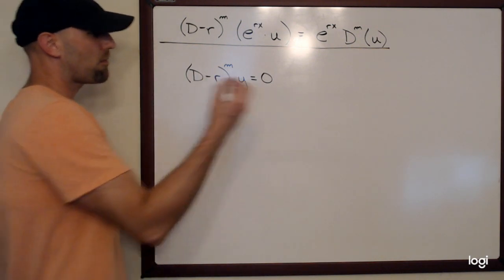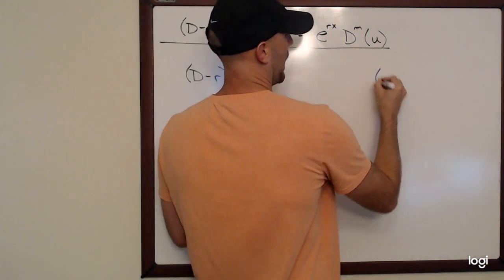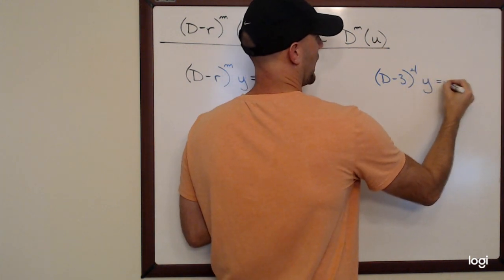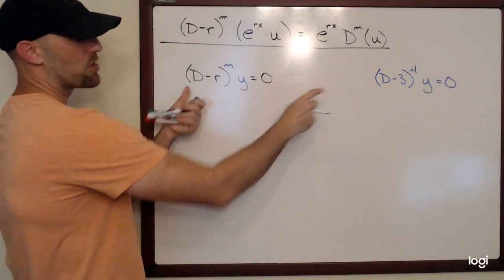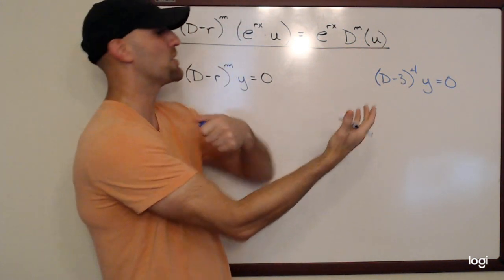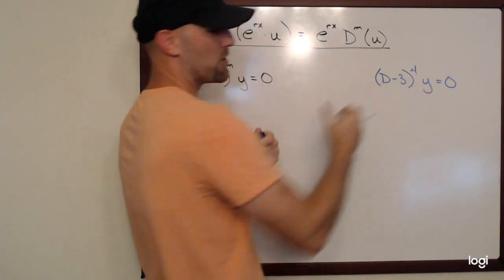So again, just as a physical example, if I had (d minus 3) to the 4th power y equals 0, so again, same structure. This is a polynomial. This polynomial has the root 3. It just has that root 4 times. Well, this is d minus 3, d minus 3, d minus 3, d minus 3, right?